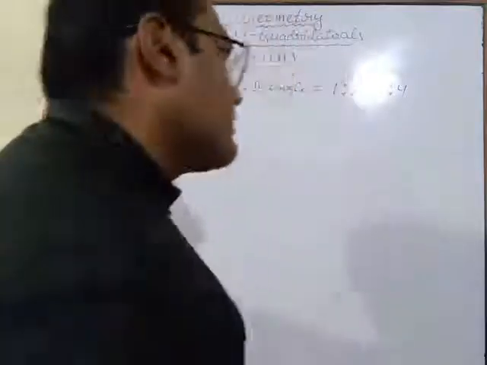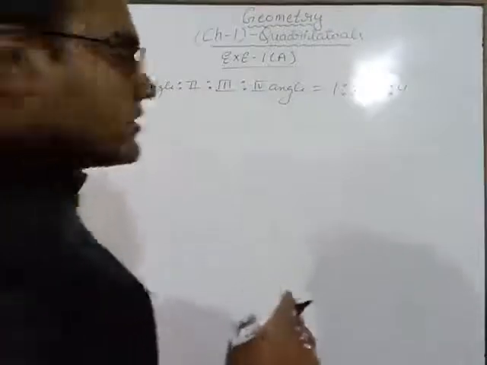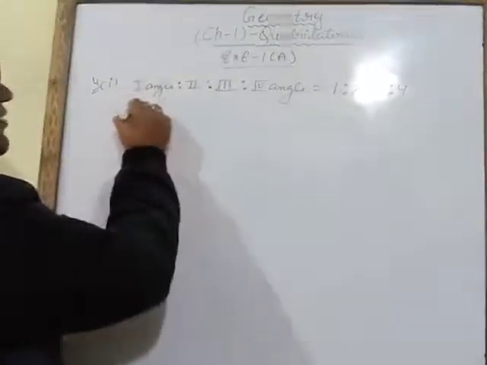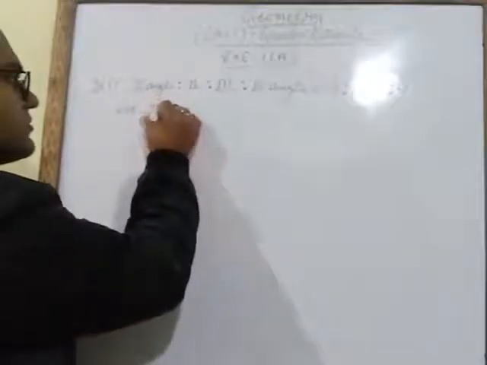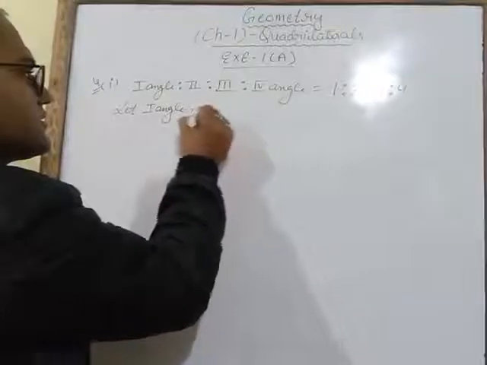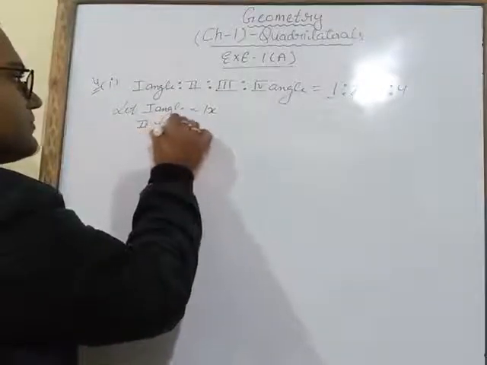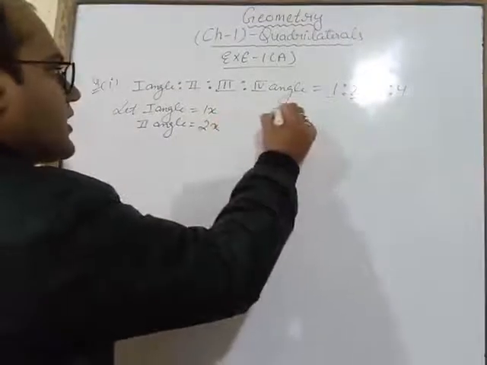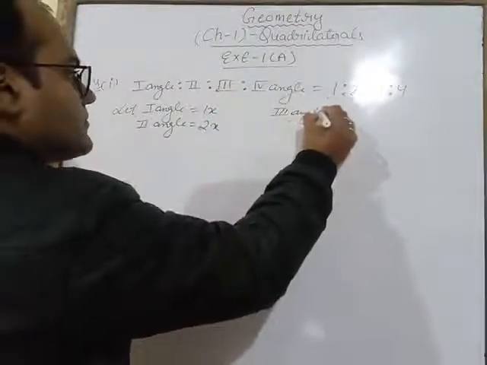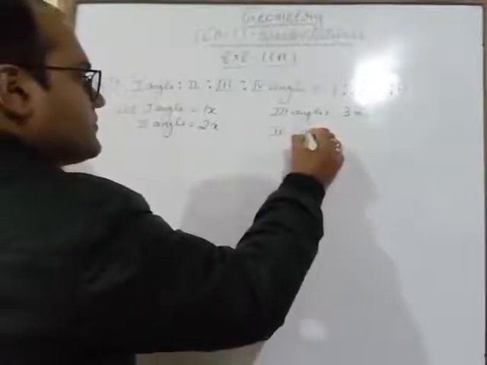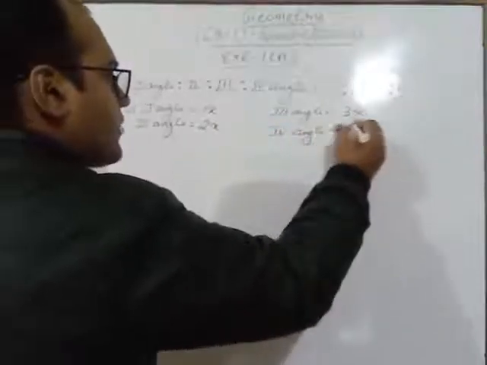Now first of all, since the ratio of all the four angles is given, whenever a ratio is given, you have to assume: let the first angle be 1x, second angle 2x, third angle 3x, fourth angle 4x.